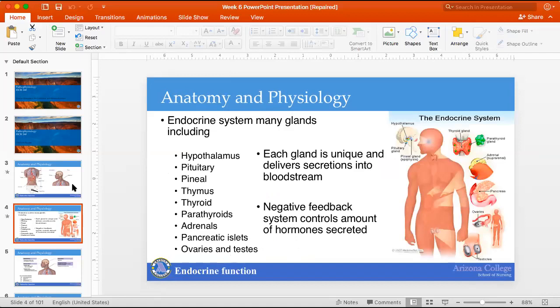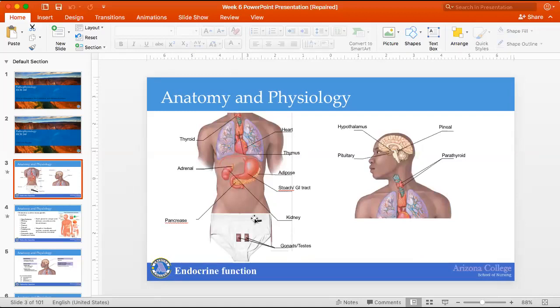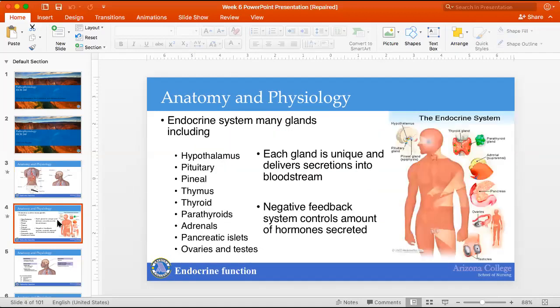So, going over again the endocrine system and the glands, which include the hypothalamus. Remember the hypothalamus being probably the main one, and the pituitary gland, which sits just beneath it. You have the pineal gland. What's helpful as you're going over this list is to get an idea of where these are in the body, so use this slide to keep track of where you find these.